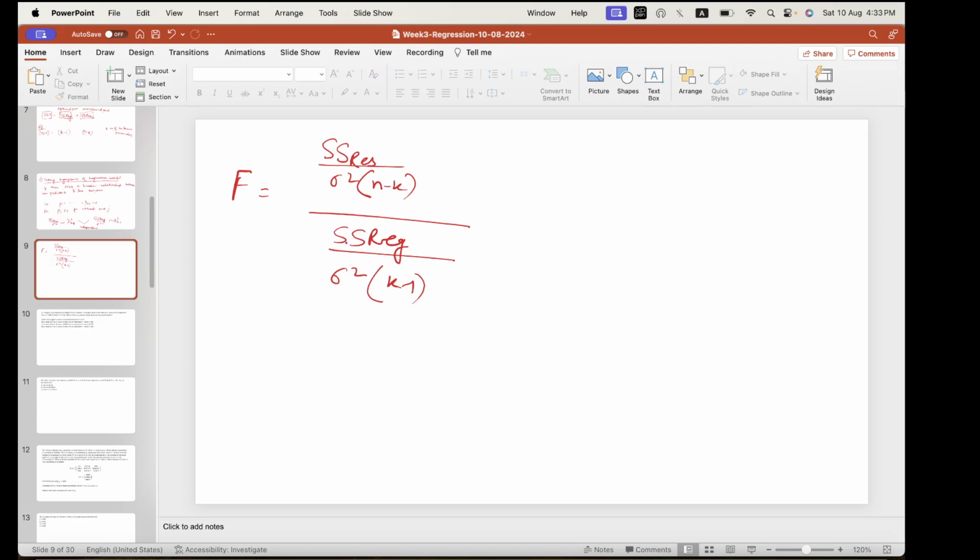Okay, so then this cancels. This would be MS residuals by MS regression. Okay, and this one would follow an F k minus 1 n minus k distribution.